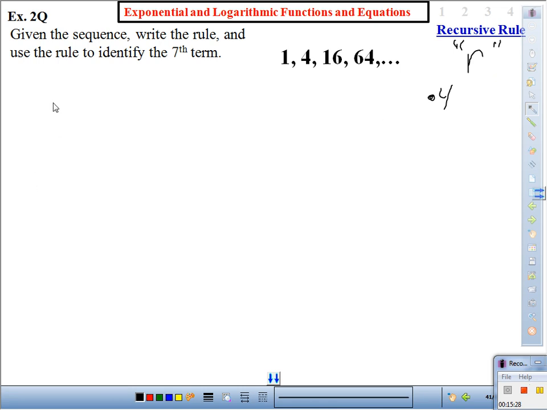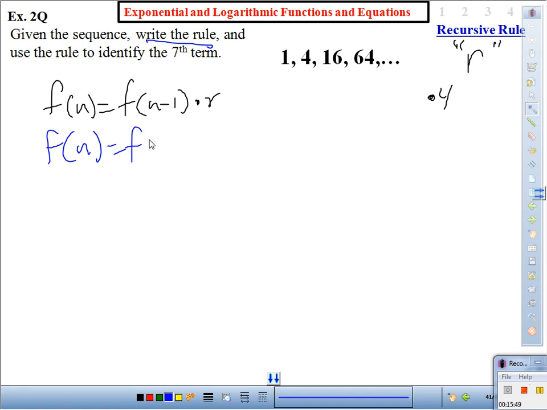So we write our general form, f of n equals f of n minus 1 times r. So my rule is f of n equals f of n minus 1 times 4. And the rest is the same thing as the other.